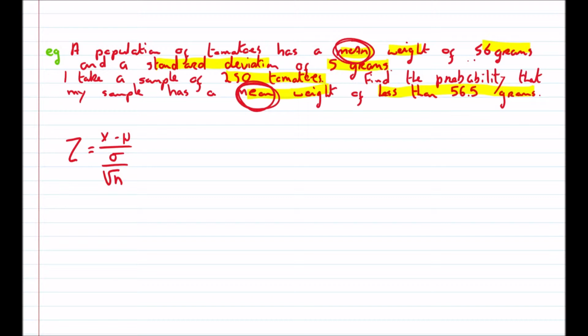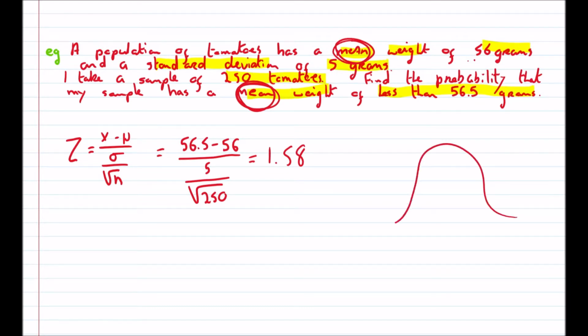That is the mean we got, which is 56.5, minus the population mean, which is 56, over standard deviation, which is 5 all over root of the sample size 250, and that will give us 1.58. So there's our z-score.